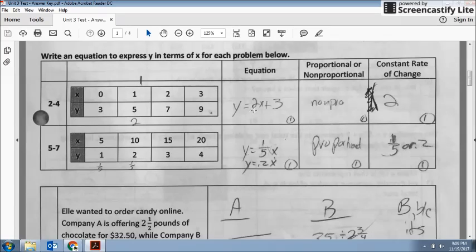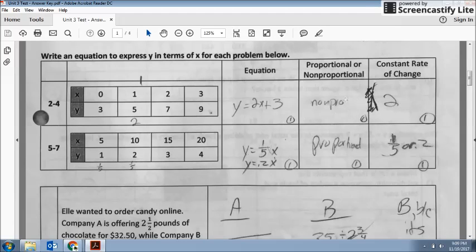And that gets us our 2 right here. And then when x is 0 and y is non-zero, that is the y-intercept. So that's b. So that 3 belongs here. So we have y equals 2x plus 3. And our constant rate of change is the unit rate that is attached to x. In this case, it's going to be 2.